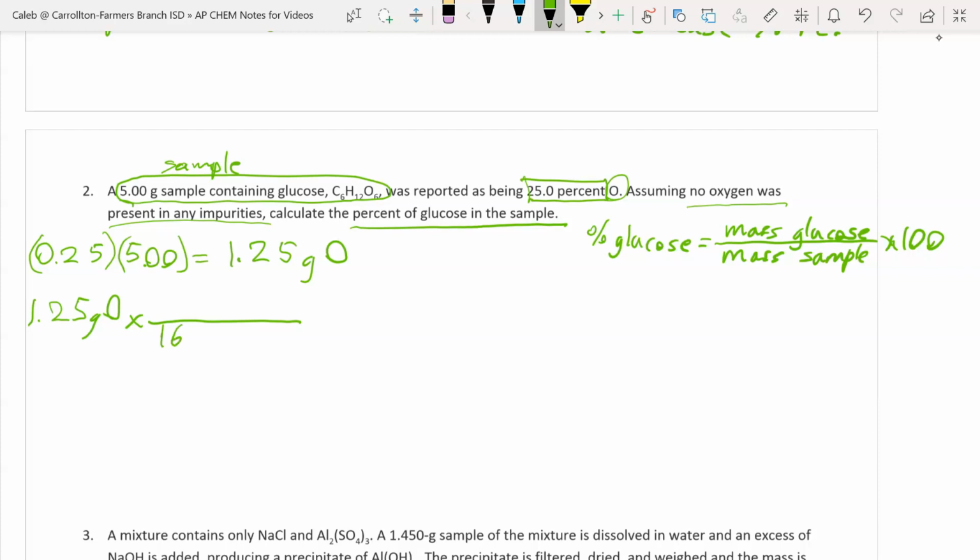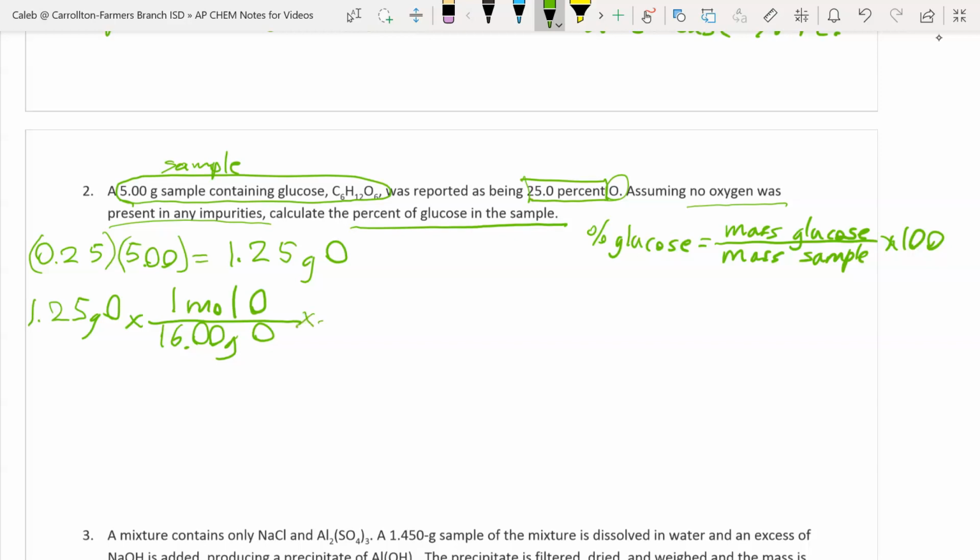1.25 grams of oxygen. I want to know how many moles that is. So I know 16.00 grams of oxygen is equal to 1 mole of oxygen. But what I'm really trying to find is the mass of glucose. So I don't just need oxygen. I want to know how many moles of glucose I have. We've got the formula for glucose up here.